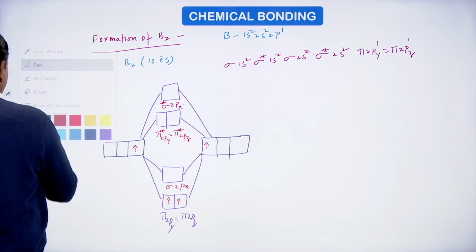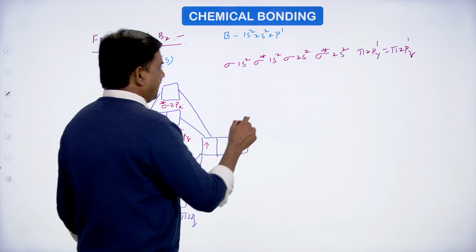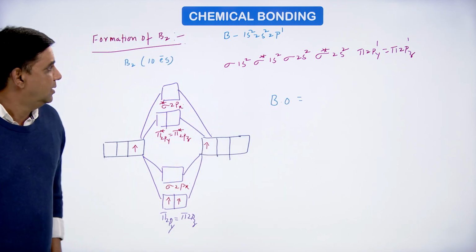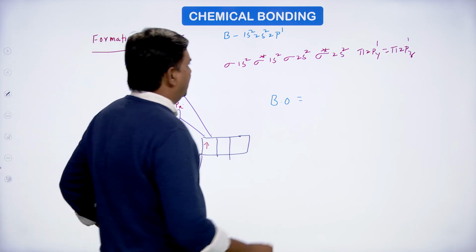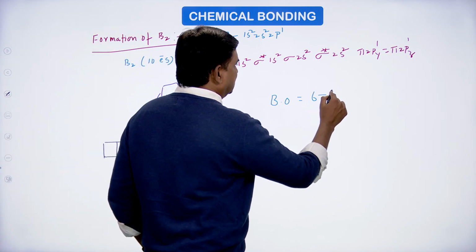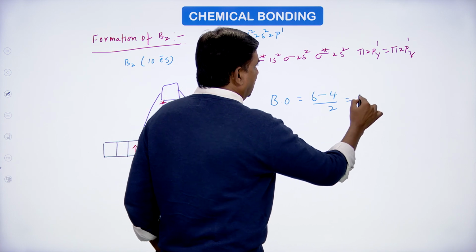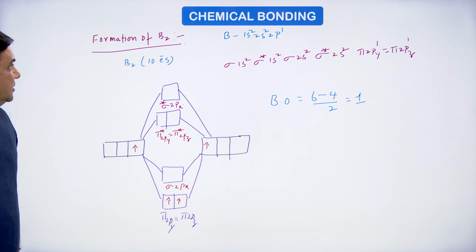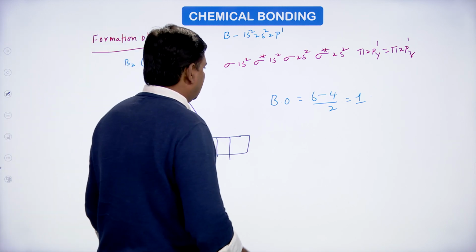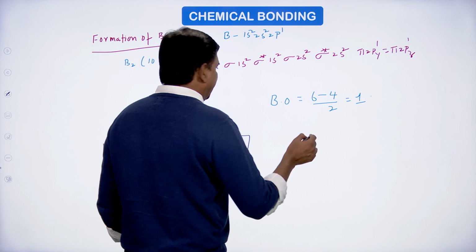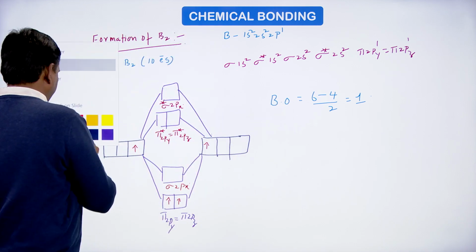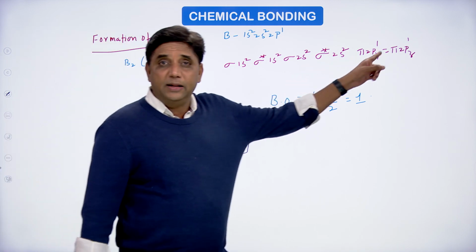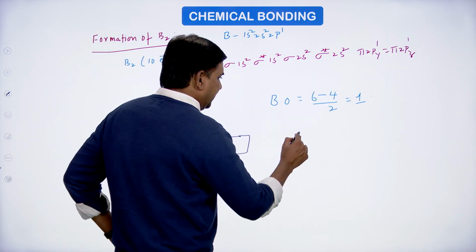Therefore here the bond order would be the number of electrons in bonding orbitals, 6, minus 4, by 2, which is equal to 1. So B2 will exist, and it is paramagnetic in nature because of the presence of unpaired electrons.